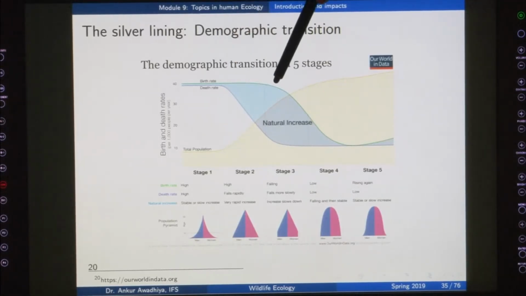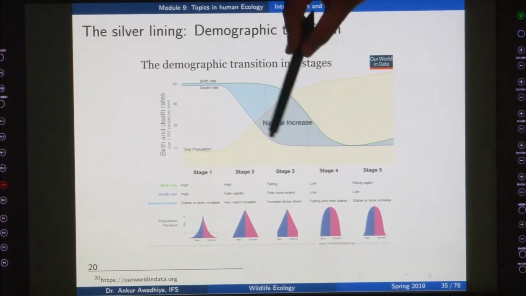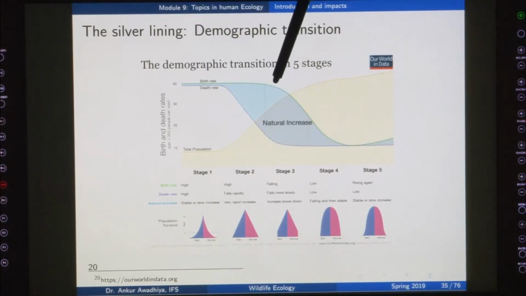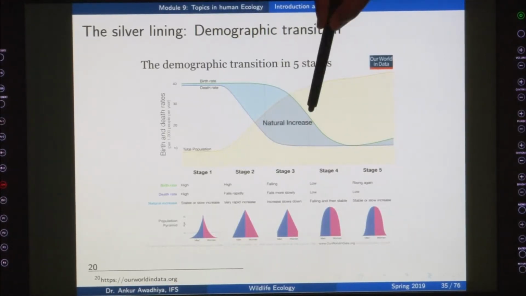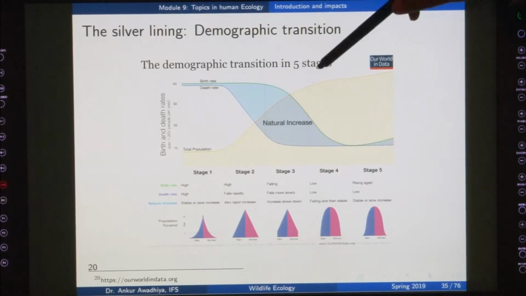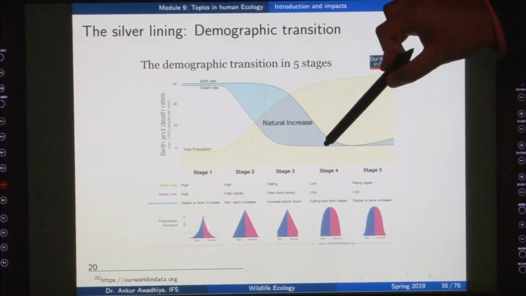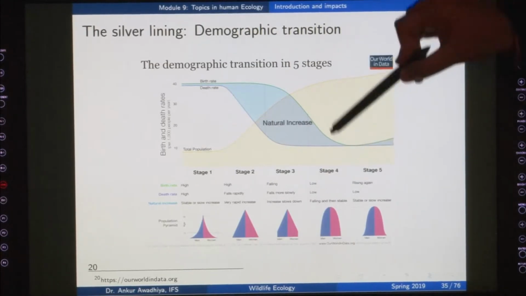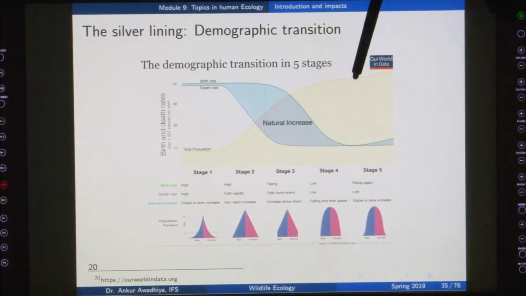In the third stage you have a falling death rate that continues and the birth rate has started to decrease. But here again we see that the population is increasing, but it is becoming more and more stable, and this is the stage where we actually are today. Now, in a short while when we reach the stage in which your birth rate and the death rate are both low, we will observe a flatness in the total population.